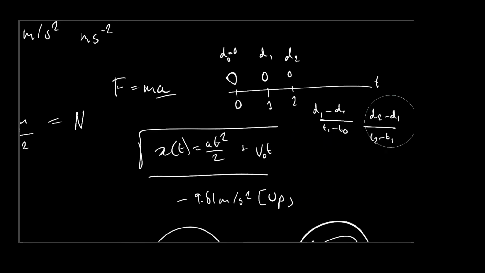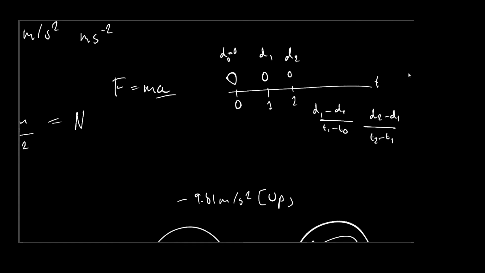Okay, and this would end up giving us simply a velocity, probably with a direction, if I were to put my vectors over everything. And then we can call that v1.